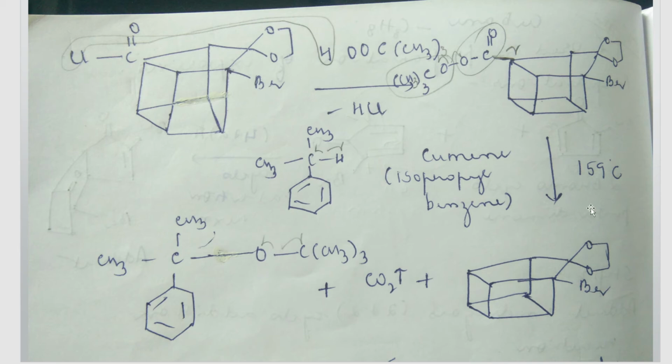And next, in the next step, this happens when you treat it with cumene, that is isopropyl benzene. This is cumene. So whenever you treat it with cumene, in the cumene molecule also there's a cleavage here, you can see. So carbon will get one electron, hydrogen will get one electron. Same way here, there's cleavage between two oxygens, correct.